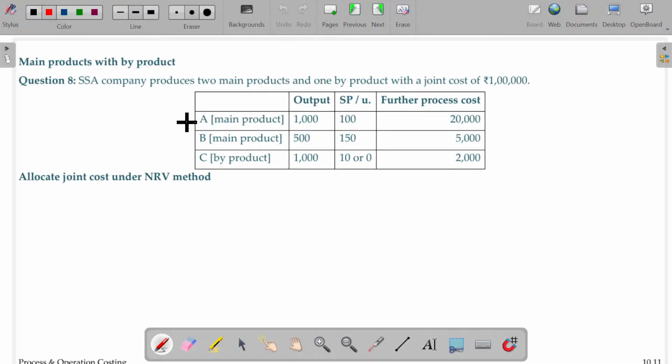So here we have main product as well as byproduct. Then how can we allocate? Allocate the joint cost under the NRV method. Joint cost being 1 lakh. How can we allocate this?